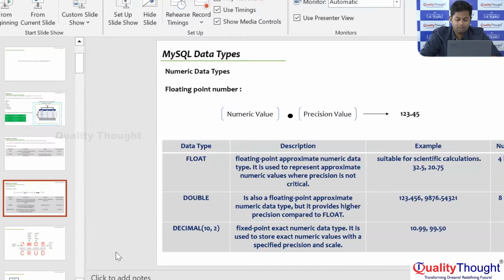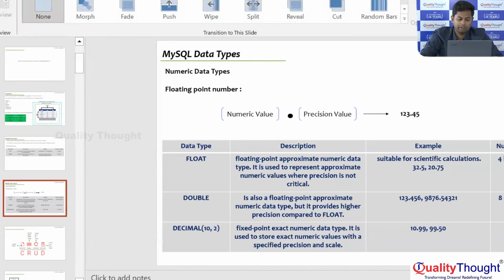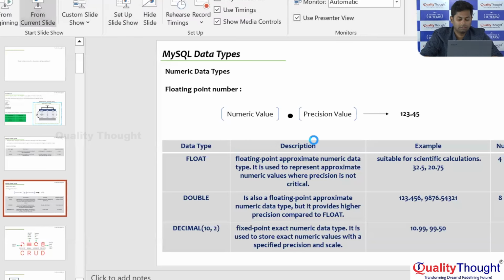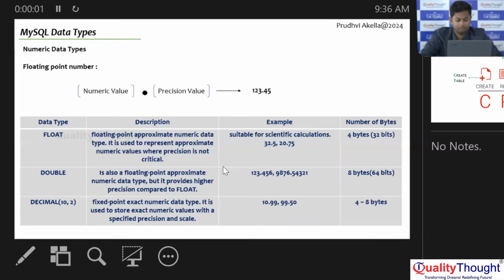So now everything, be it a floating point number, a numerical value, or a string, ultimately the computer has to give some memory to it. Am I right or wrong? So whenever you feel that a particular column is going to hold floating point numbers, then you have to define that column with these data types.